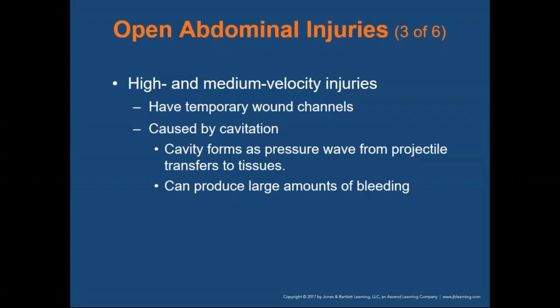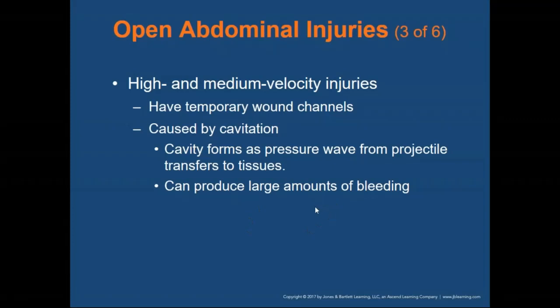The damage is done, but it goes back to the permanent cavity, which is just the path of the bullet, just the bullet itself going through. But temporary cavitation is that spreading and tearing of that tissue can produce large amounts of bleeding.